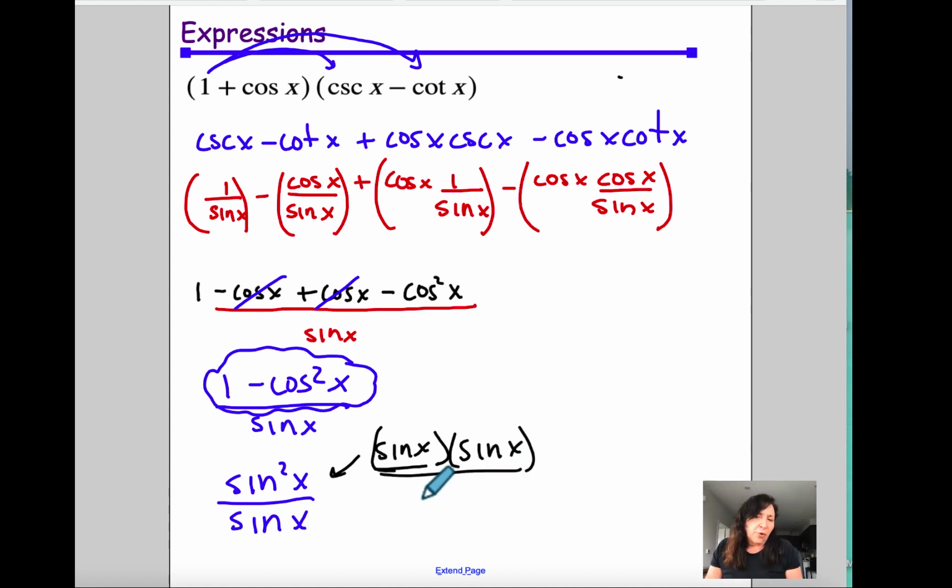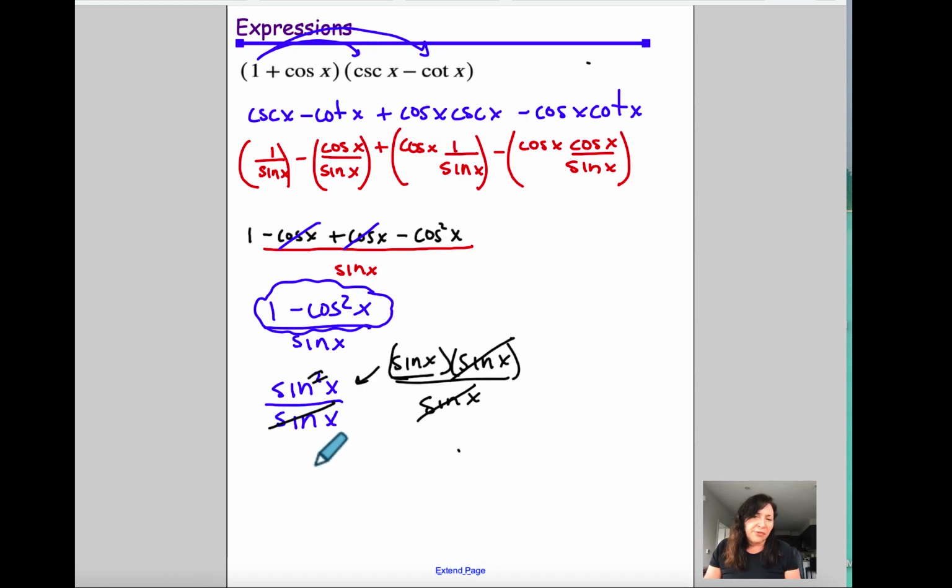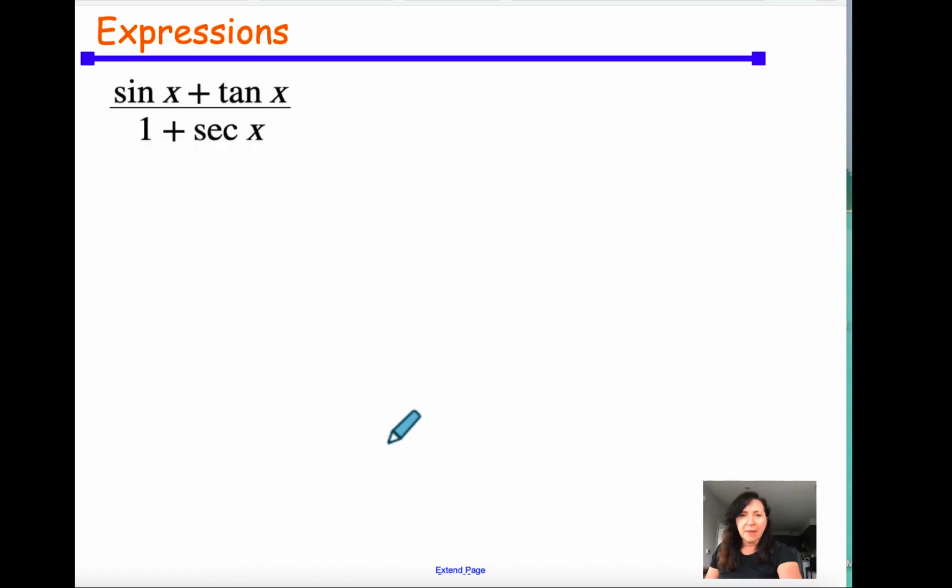And this is over sine of x. But what that means is one of these sines is going to cancel. See, this sine will cancel with one of those, leaving me just sine on top. Only one is left, so sine of x on top. So this is definitely better. We just simplified it.